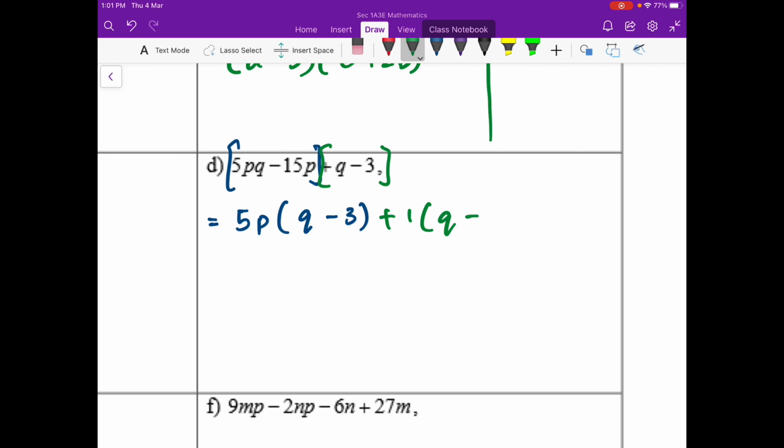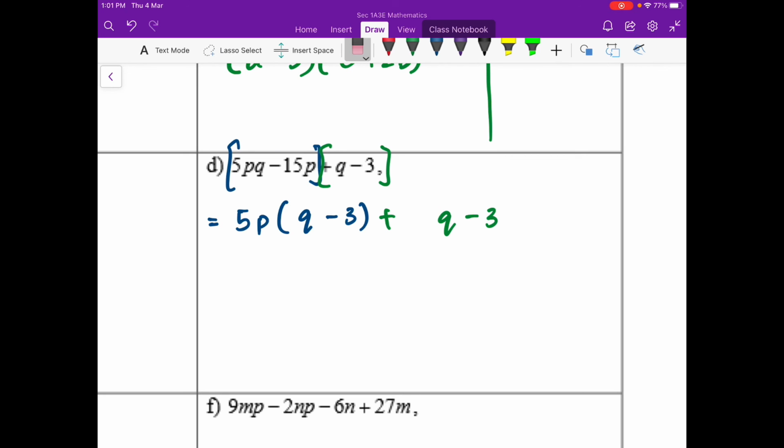Did we need to write plus 1 bracket? No, we didn't have to. But if we don't write the plus 1 bracket, meaning it looks like this, are you able to recognize that there is a common factor? Might not be able to recognize that q minus 3 is the common factor that we require.